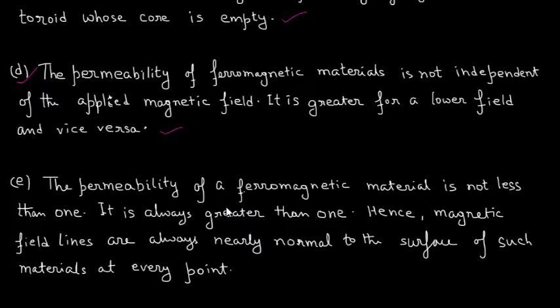The permeability of a ferromagnetic material is not less than 1. It is always greater than 1. Hence, magnetic field lines are always nearly normal to the surface of such material at every point. Let us see the next question.